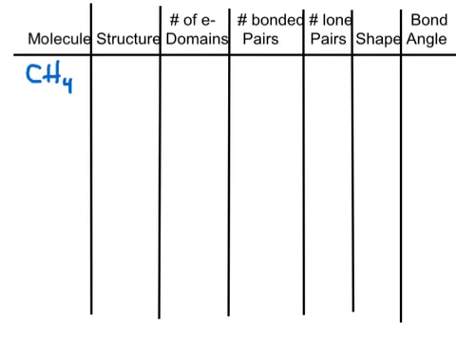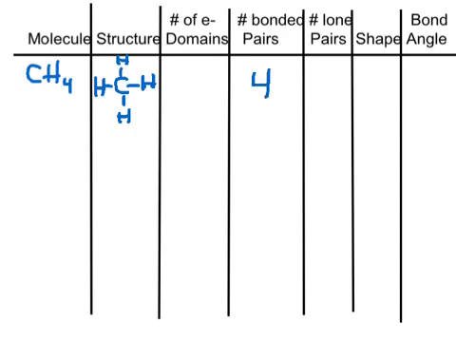Our first molecule is methane, or CH4, and if we draw it out, we're going to have C with bonds to 4 different hydrogen atoms, just like this. We can see that all of the electrons around carbon are bonded pairs, so we'll have 4 bonded pairs.